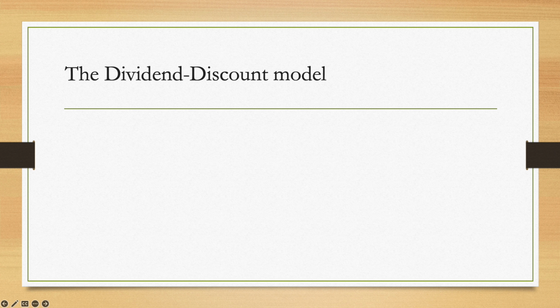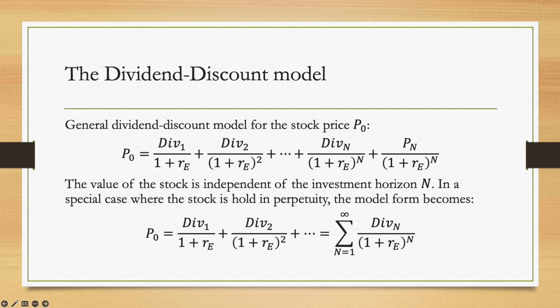There are two potential sources of cash flows from owning a stock: the dividend payments and the capital gains when the share is sold at some future date. The value of the stock is independent of the investment horizon N. So in a special case where the stock is held in perpetuity, the model can be formulated like this.